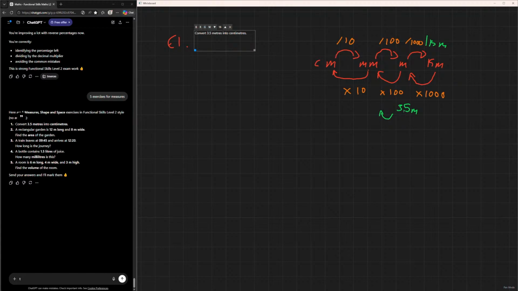So the decimal point is gonna go 2 places. So 35 becomes 350 millimeters, and then times 10, it's gonna become 3,500 centimeters squared. I hope this is easy for you to understand.